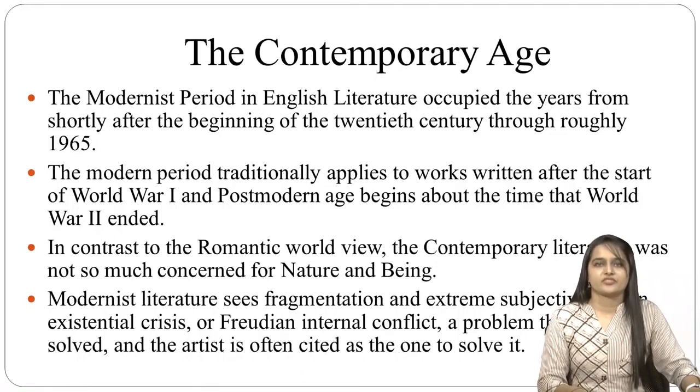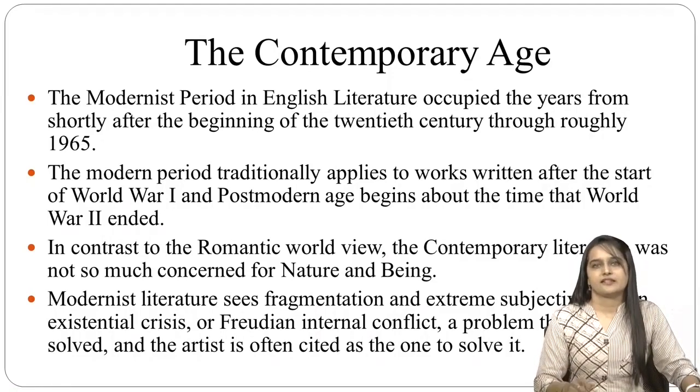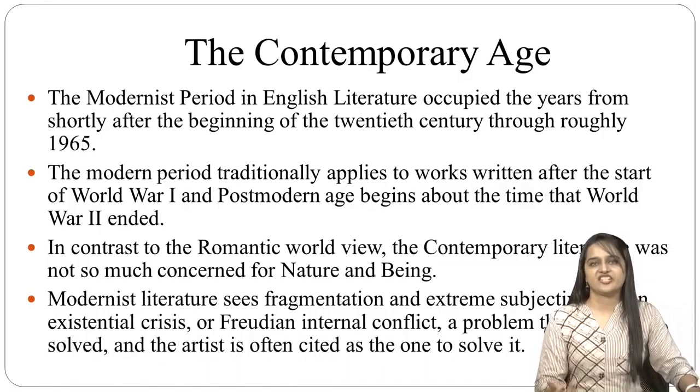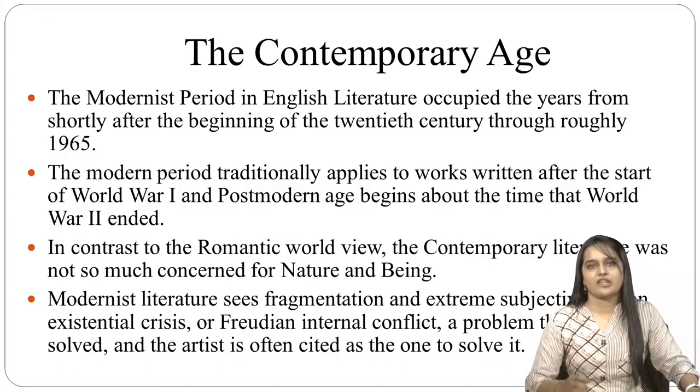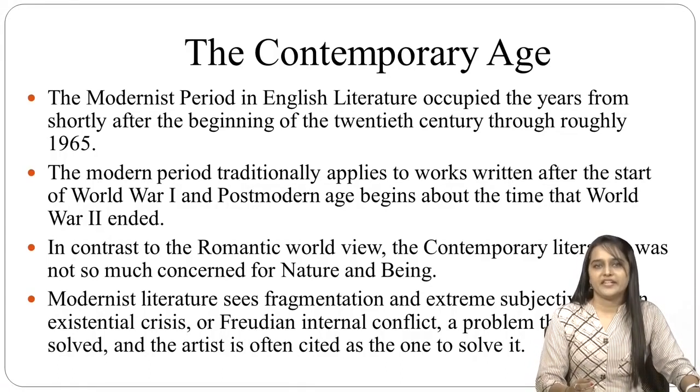In contrast to the romantic world view, contemporary literature was not so much concerned with nature and being. The writers of the contemporary age see decay and a growing alienation of the individual due to rapid industrialization.